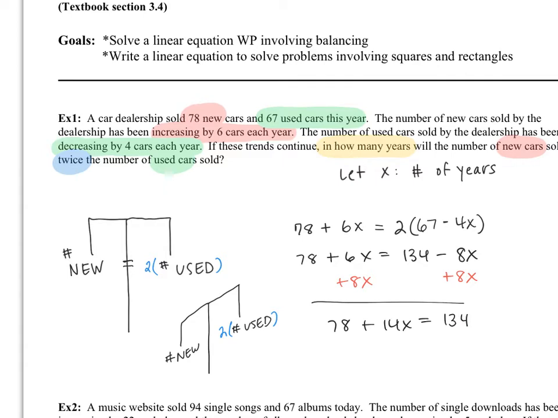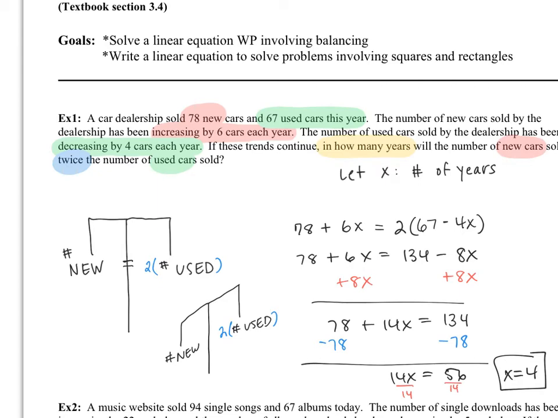Then I would subtract 78 from both sides, because now I'm going in reverse PEMDAS, which would get me 14x equals 56. And then my last step would be to divide both sides by 14. And this means that x would equal 4.